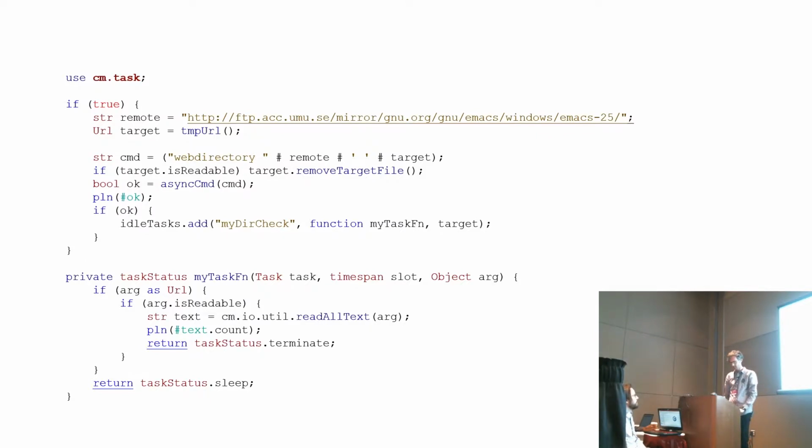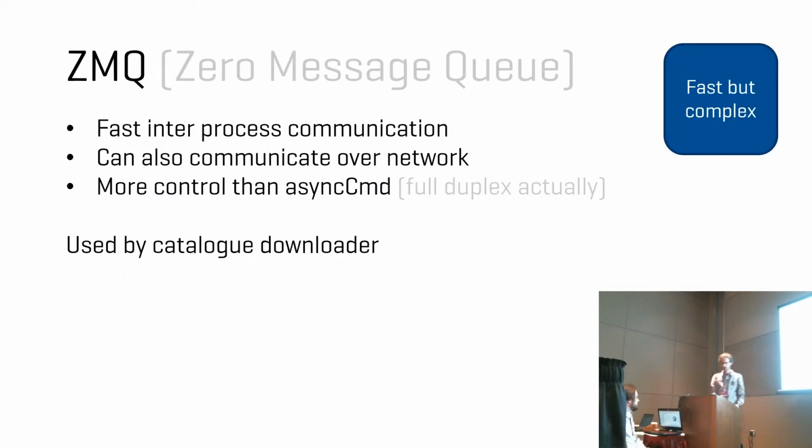All right, the next protocol is 0MQ. This is a little bit more advanced, or a lot more advanced, I would say, than asynchronous command, but you can do the same thing. You can launch an exe file, and then you set up a communication to it, which is two-way.